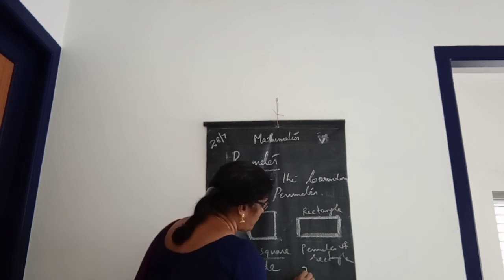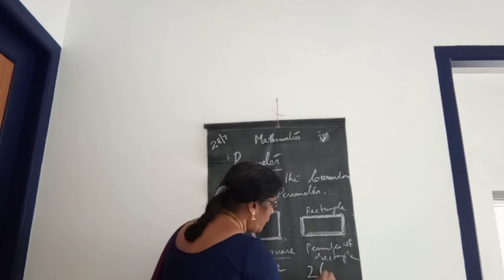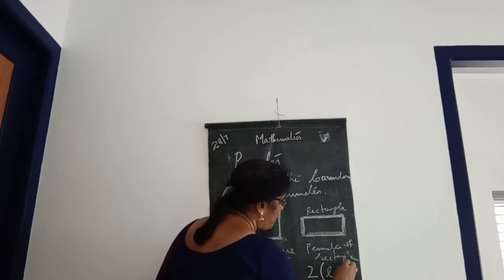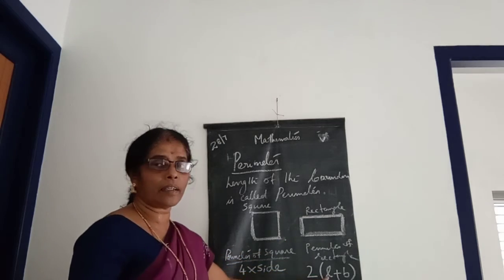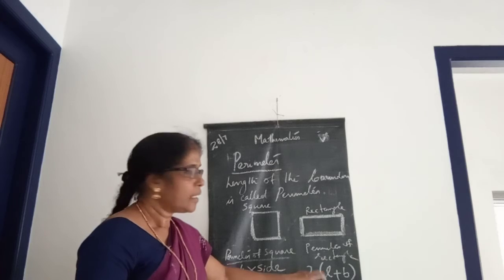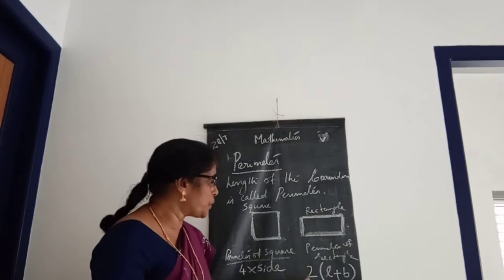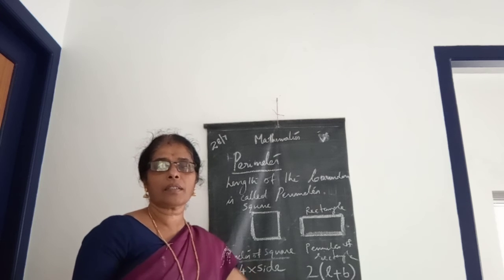So it is 2 into (length plus breadth). How many L's here? 1, 2. 2L. Then how many breadths? 2. 2B. 2L and 2B. So 2 into (L plus B).